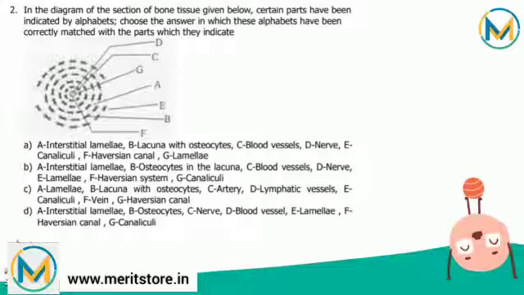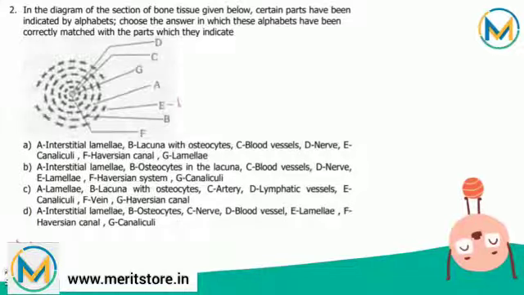So here this E, this last part is lamellae, and C is the inside central part, that is blood vessel. And this part D, with the blood vessel, we have nerves.